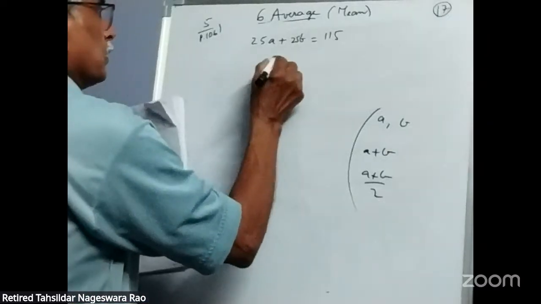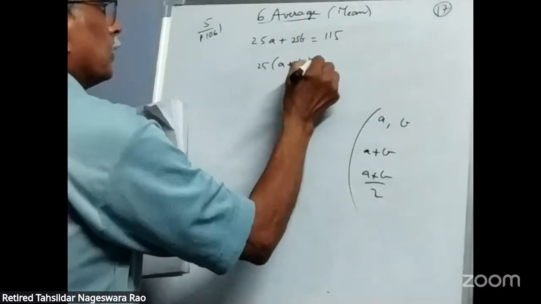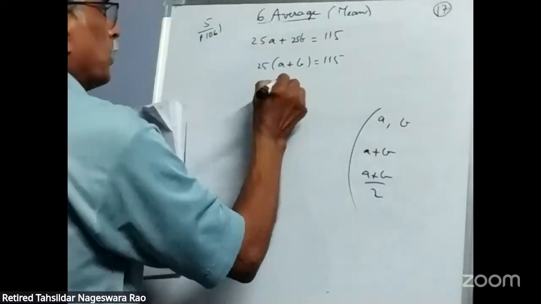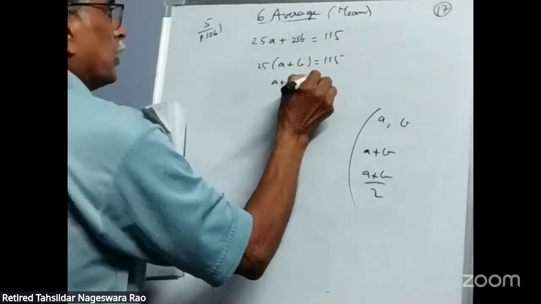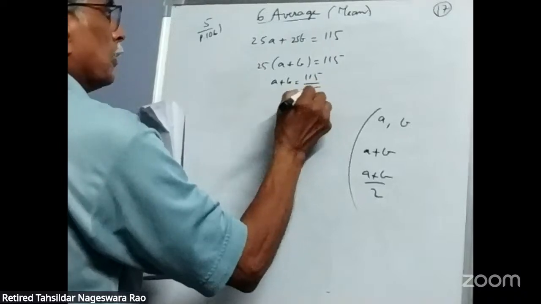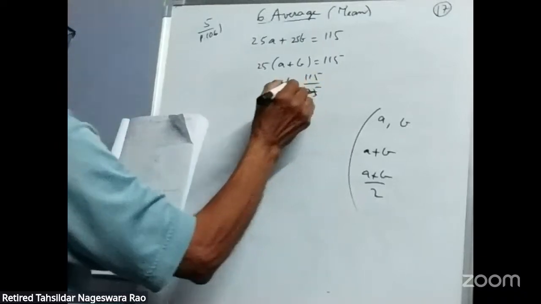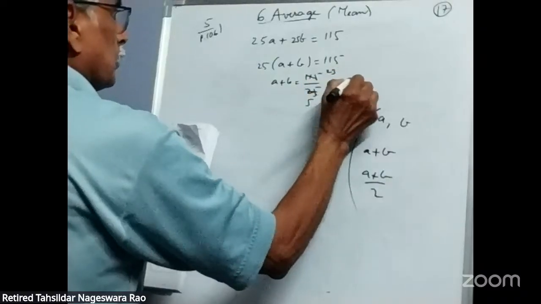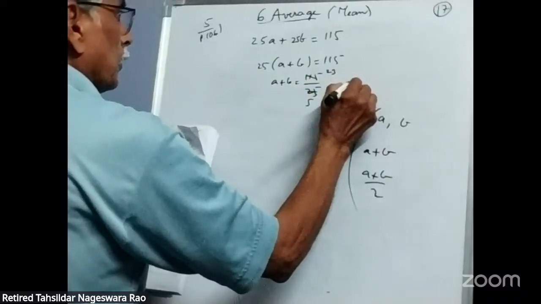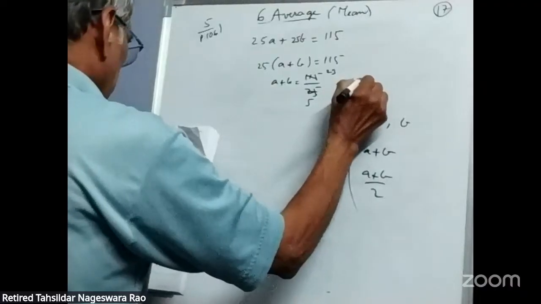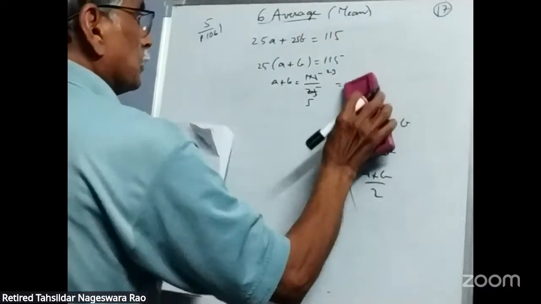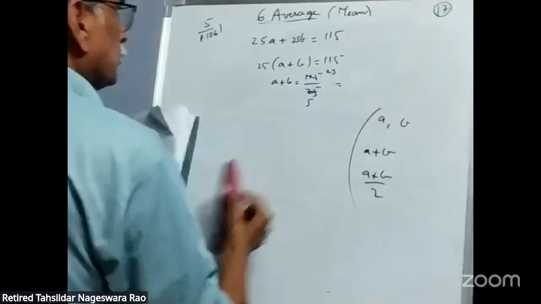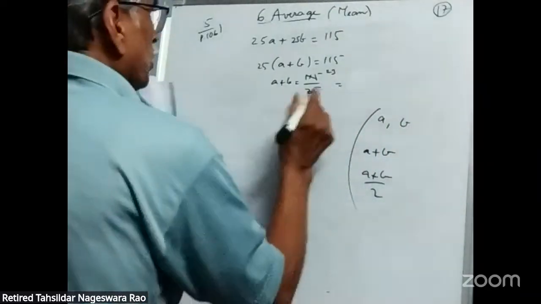He is asking the average of A and B. So 25 is common. 25 times A plus B is 115, so A plus B is 115 by 25, which is 23 by 5.